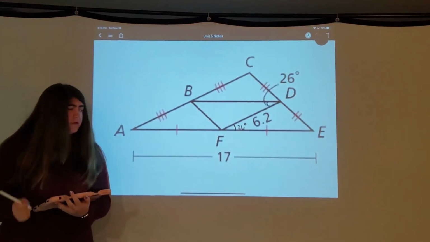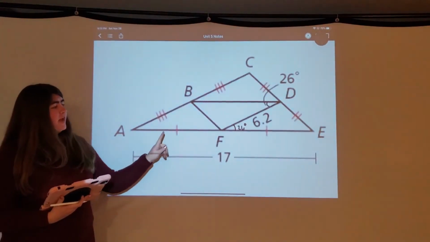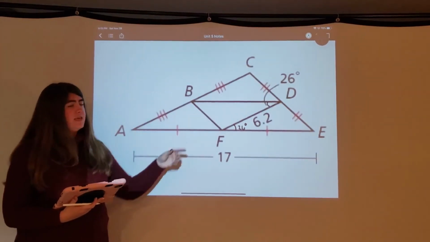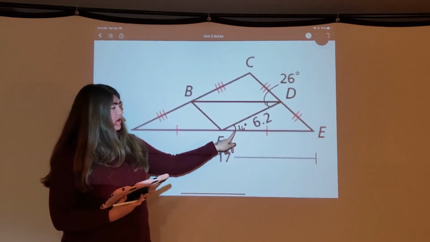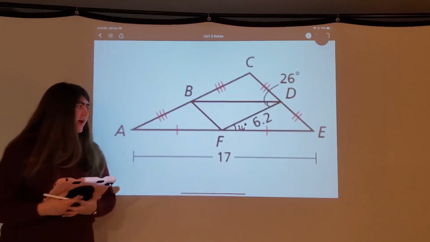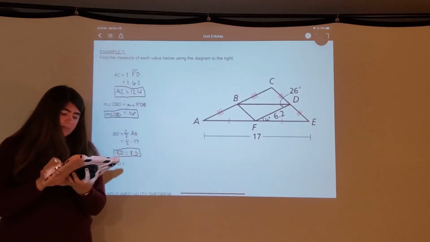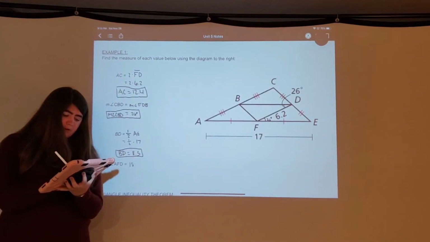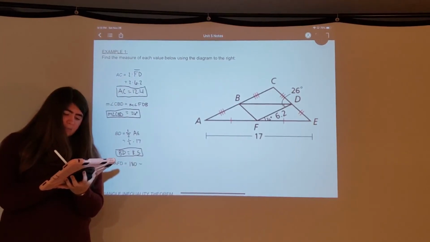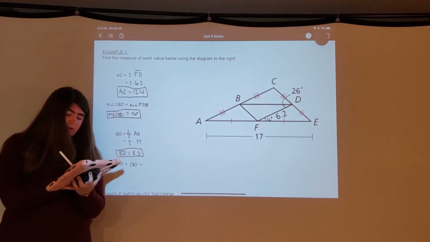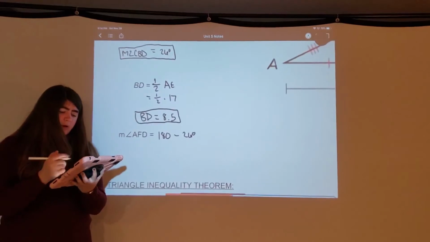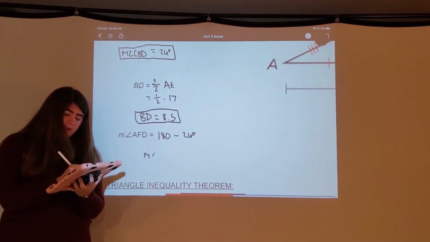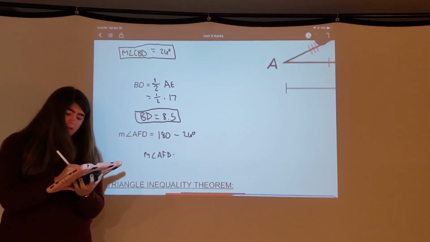And if those two angles have the same measurement, then I can use that information to find AFD, because this is a straight line, and we know part of it is 26 degrees, and the missing part is all that's left to find. So I can say that the measure of angle AFD is equal to 180 minus the measure of angle DFE, which is 26 degrees. 180 minus 26 is equal to 154, so I can say that the measure of angle AFD is equal to 154 degrees.